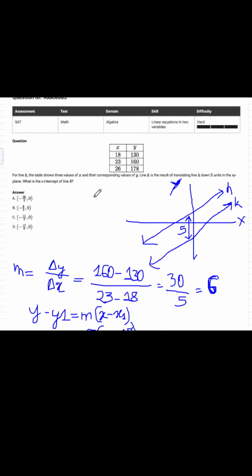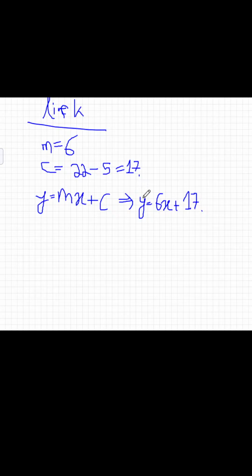Now we are told to find the x-intercept of line K. We already have the equation for line K, so we just have to find the x-intercept. The x-intercept is when y is 0. So when it intersects the x-axis, y is equal to 0. So let us put y as 0. So 6x plus 17 is equal to y, and y will be 0.